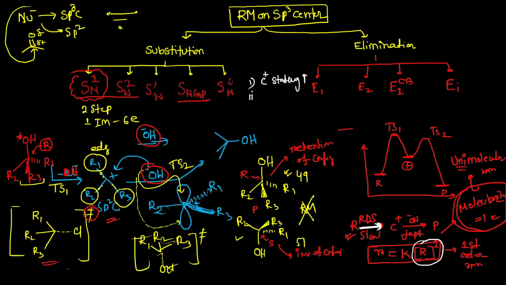Second, electron donating groups on the carbocation. It is basically an extension of the first point, because the more electron donating groups, the more the carbocation is stabilized, so obviously it increases carbocation stability.